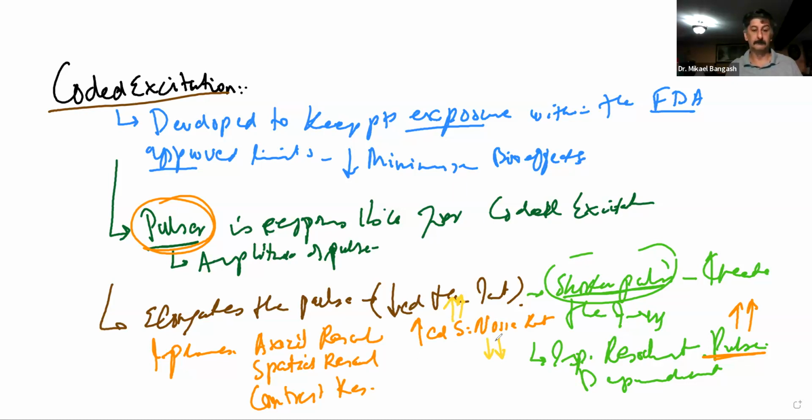Is that clear? So these 2-3 points are what you will need to know. For now, it is the FDA approved limits of exposure. We will talk more about that in chapter 24 when we talk about bioeffects.